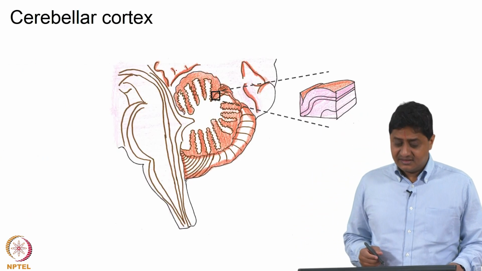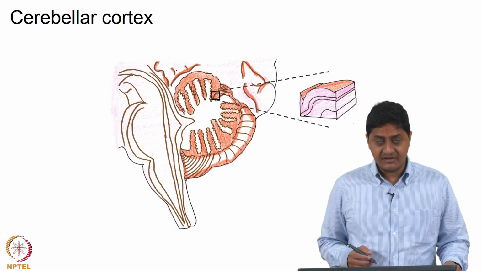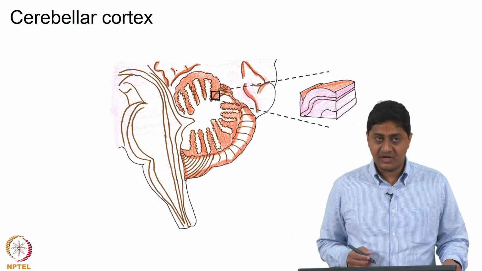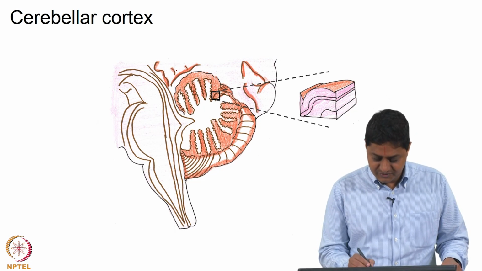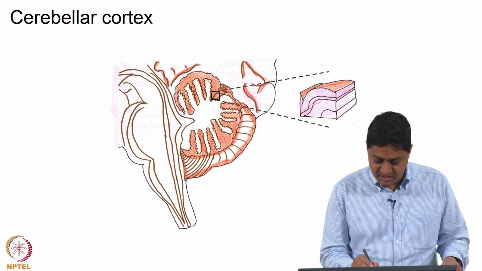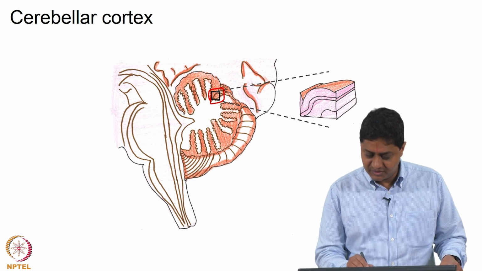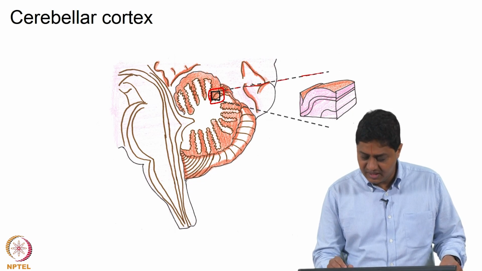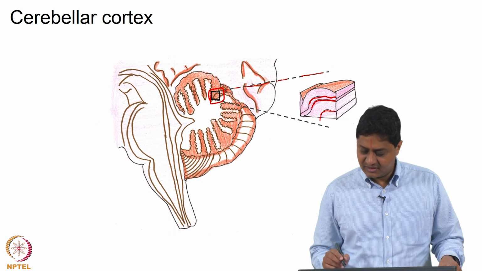So, we said that the cerebellum is located inferior and posterior to the brainstem and inferior to the cortex. So, if you take a relatively small area of the cerebellar cortex, it has this unique 3 layered structure. There is one layer there, a relatively thin layer there, and a thicker layer at the bottom.